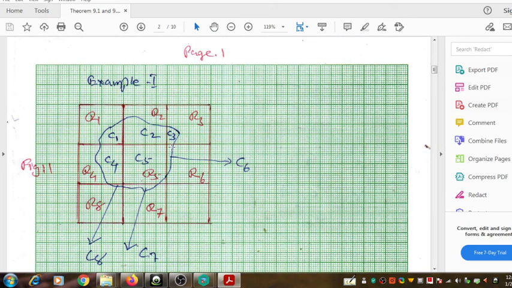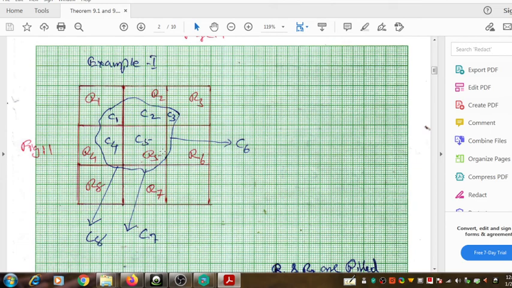Consider this example 1. In this figure the set C is given, and you can see that the set is divided into subsets, but it is not an ordinary division. These subsets are given names C1, C2, C3, up to C8.